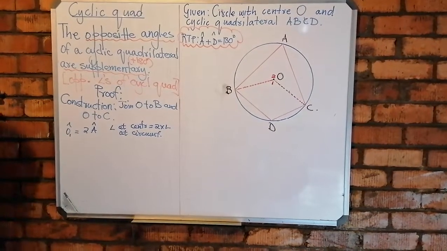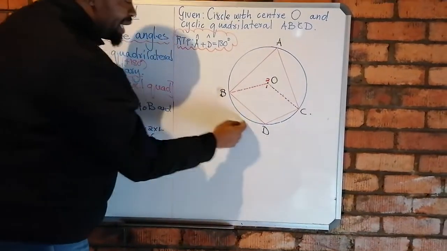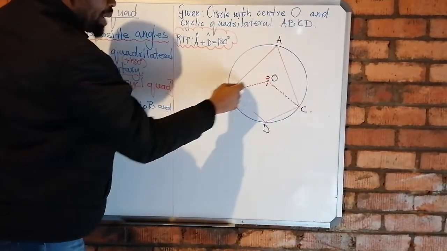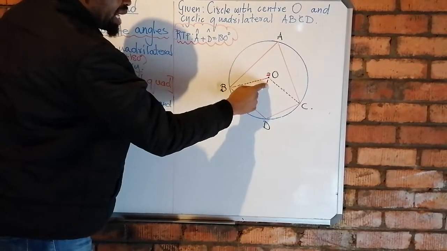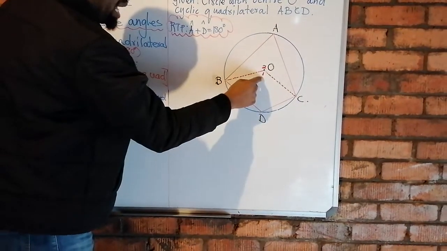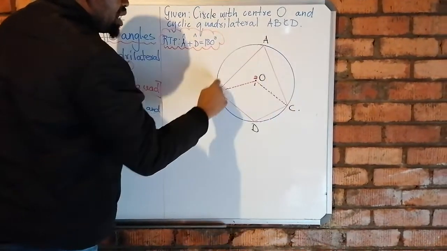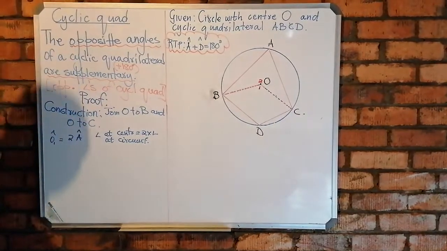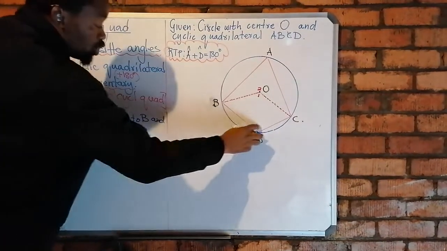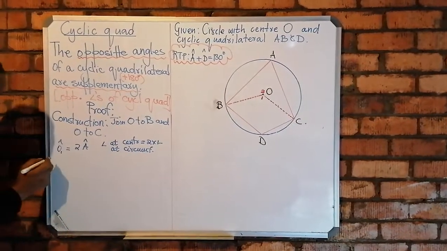Next one that I know is, remember now, arc BC is subtending this angle. This is the minor arc subtending angle O1. You have the major arc, which is subtending angle O2 at center, and it is also subtending angle D on the circumference of a circle.